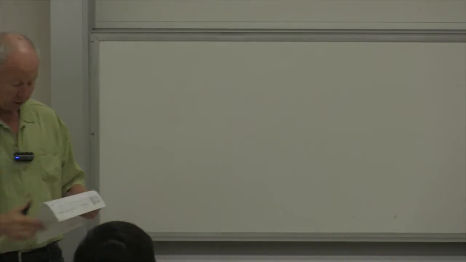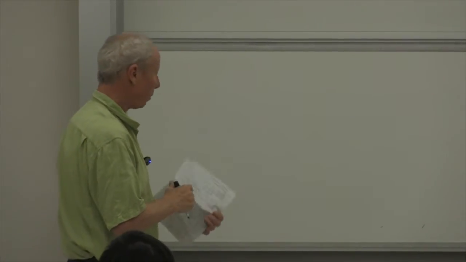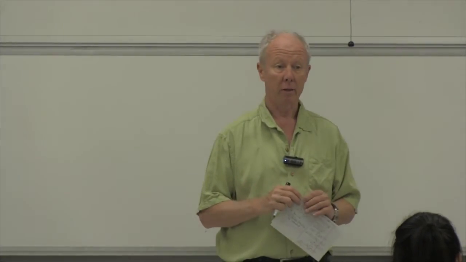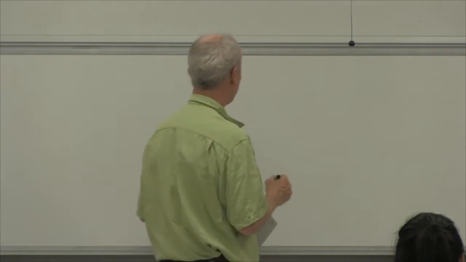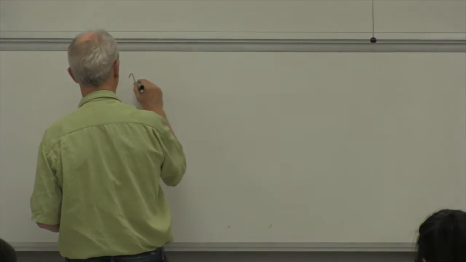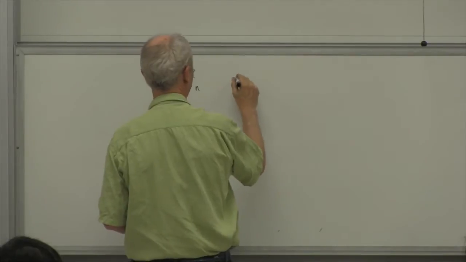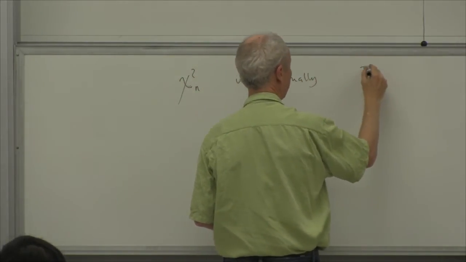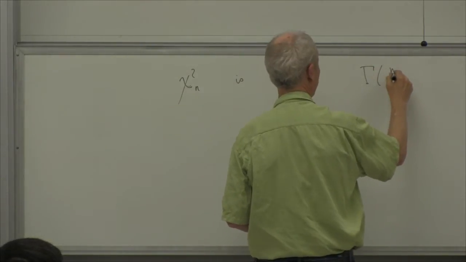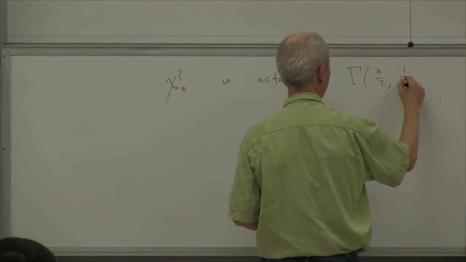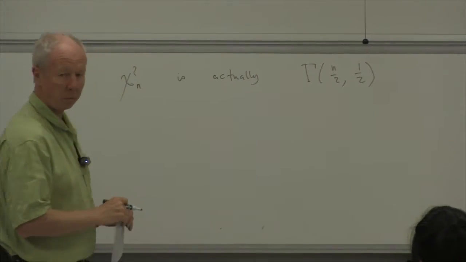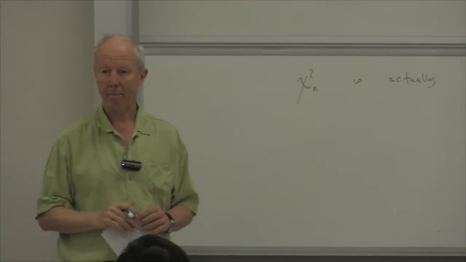Now, last time we did mention that the chi-squared is actually a gamma. I believe it is gamma of n over 2 and 1/2.